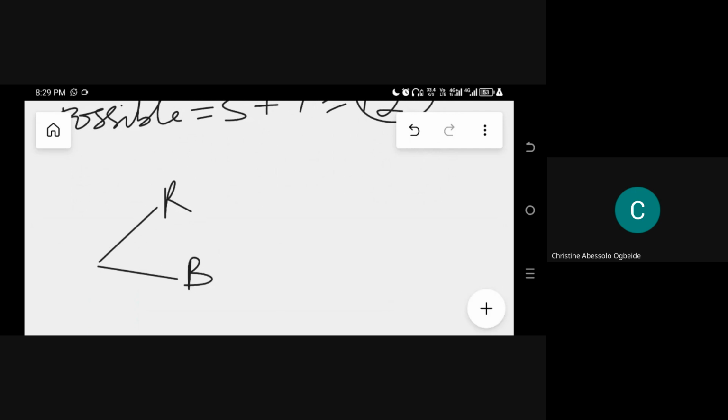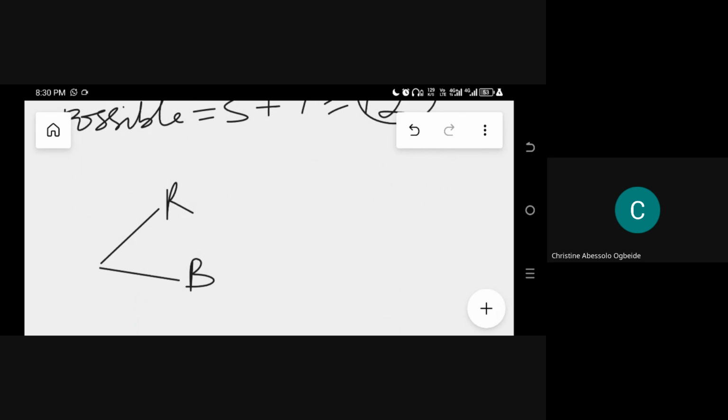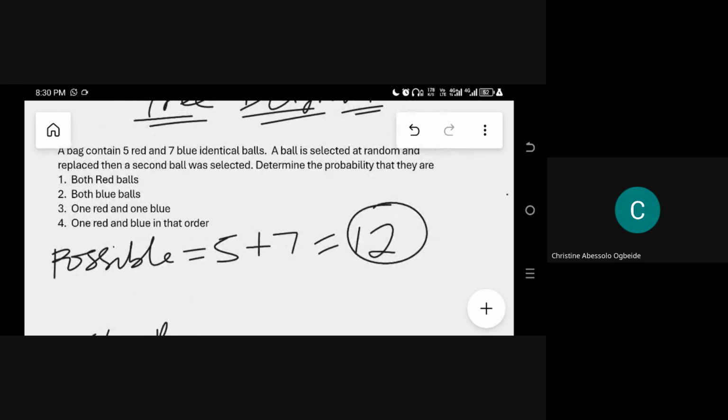The probability of picking red should be 5 over the total possible outcome, which is 12. Then if you are picking blue that first time, there are 7 blues over 12. It is either you picked a red, which is 5 over 12, or you pick a blue, whose probability is 7 over 12.